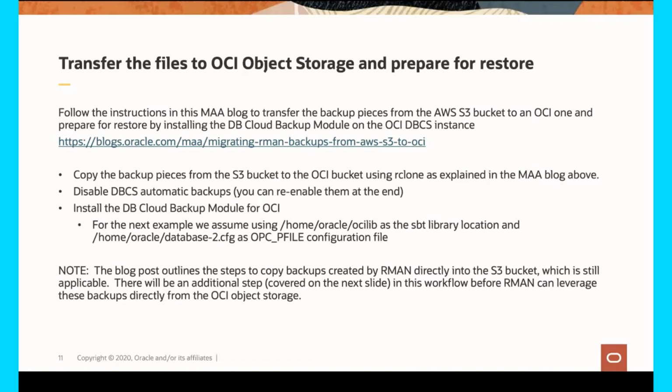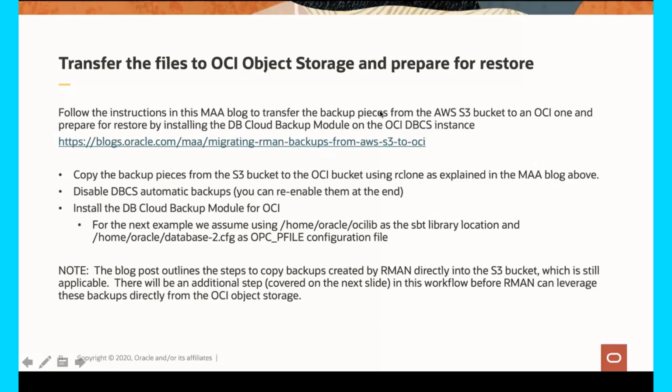So it's already an RMAN cloud backup, if you will. In our case, it's not a cloud backup. It's a backup that RMAN wrote to disk, and then we copied it to object storage. So from an RMAN perspective, the format of that backup is an RMAN disk backup. It's not an RMAN cloud backup. So for being able to restore it from the cloud, we need an additional step that I will go through in a moment. Right?